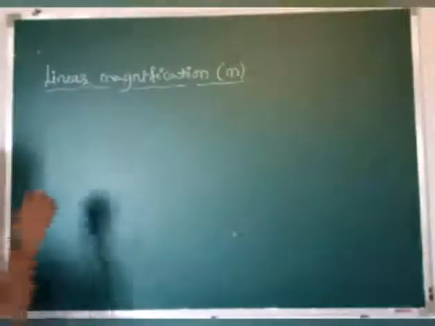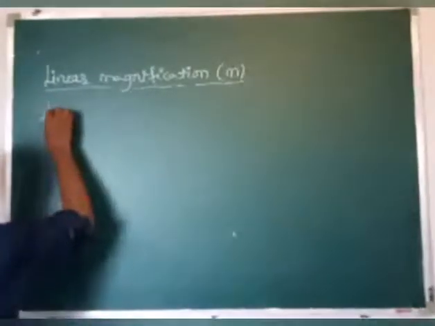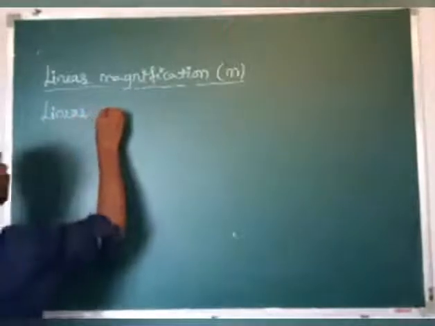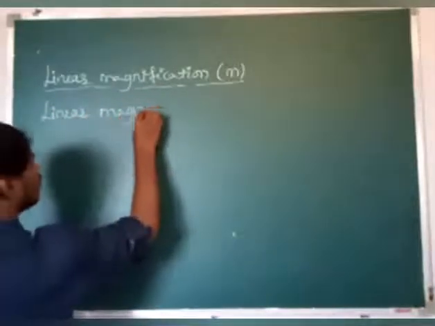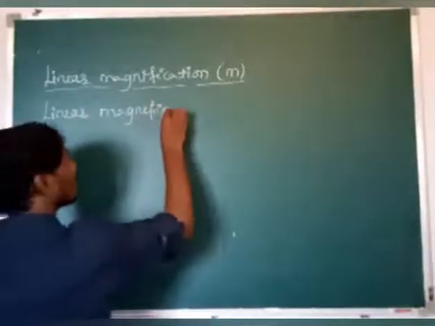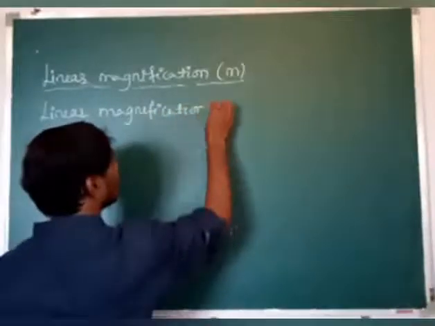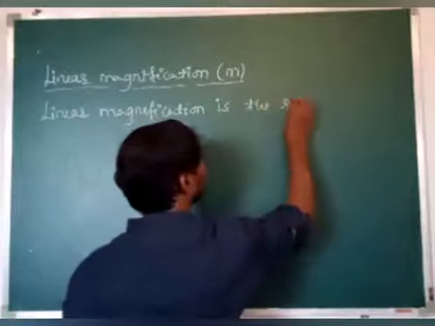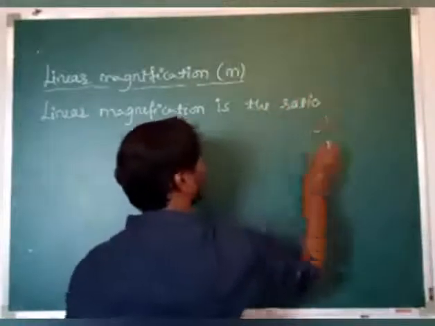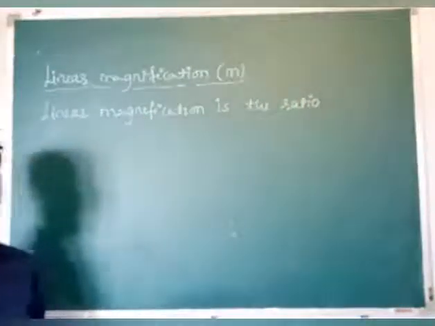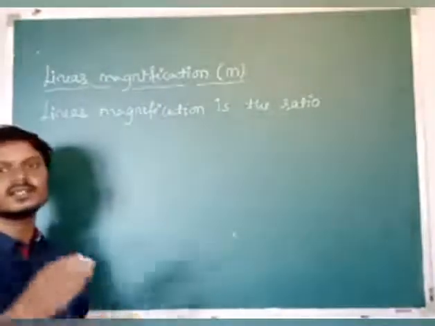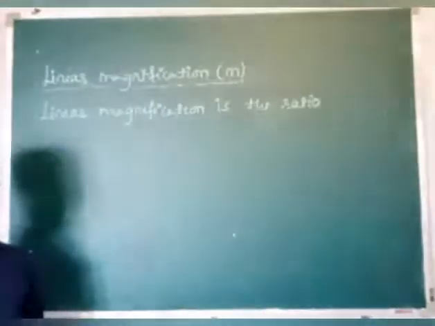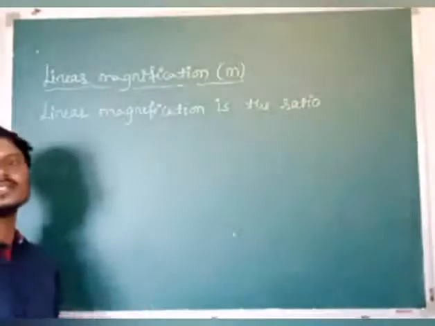Then what is linear magnification? Linear magnification is the ratio of... So what is the use of magnification here? Magnification tells whether the image is magnified or diminished compared to the object size.